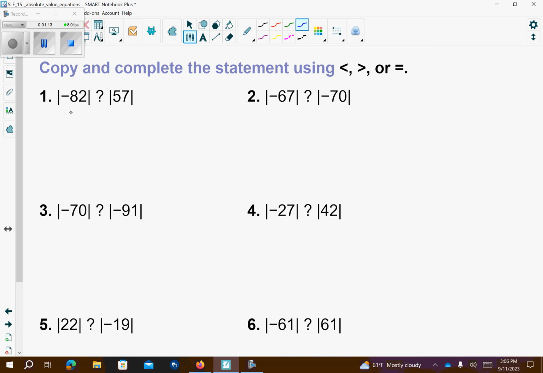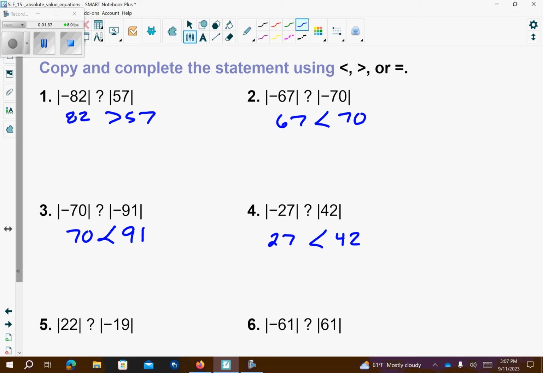So let's compare. Absolute value of negative 82 is 82. Absolute value of 57 is 57. 82 is bigger. Absolute value of 67, absolute value of 70. 70 is bigger. Absolute value of negative 91. 91 is bigger. Absolute value of 27, absolute value of negative 27.